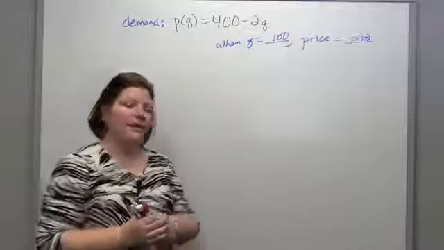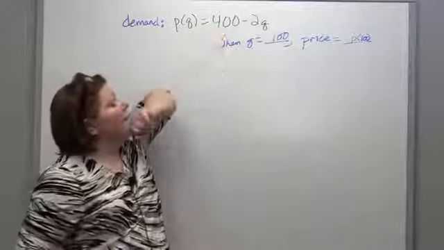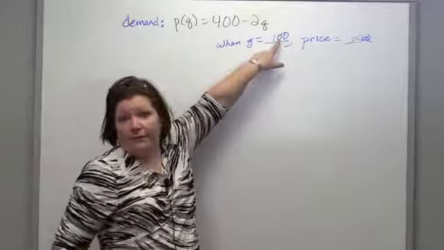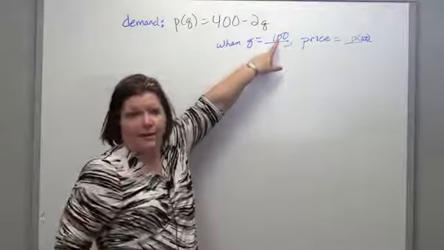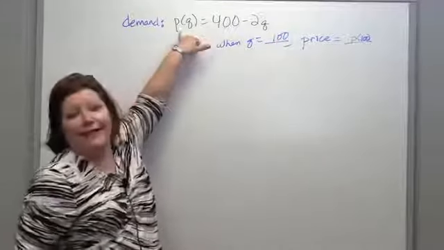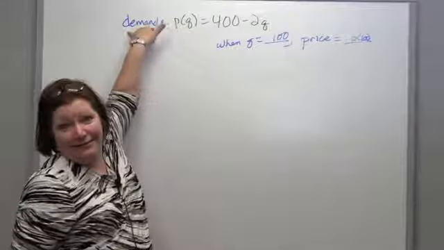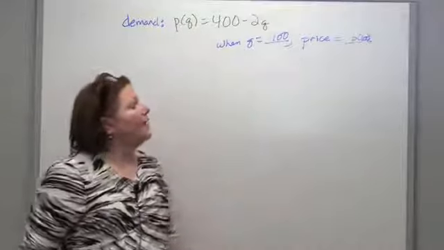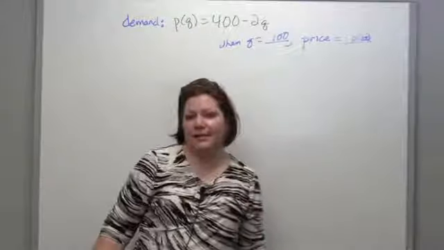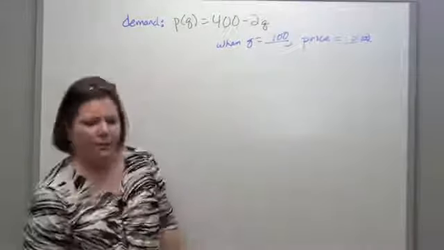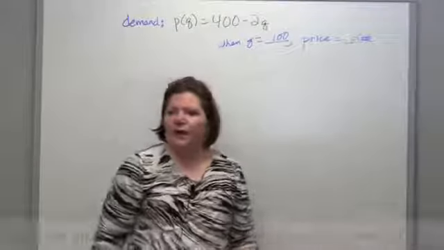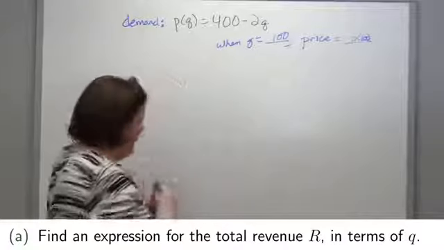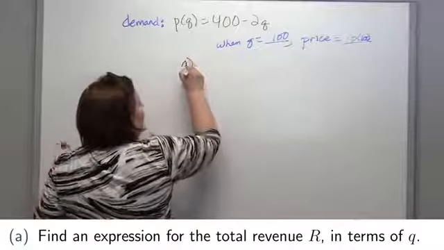One way of interpreting that is if I want to sell 100 items, because that's how many I'm going to make, what should the price be that I demand my customers pay me? And so that should be the price if I want to sell 100 items.